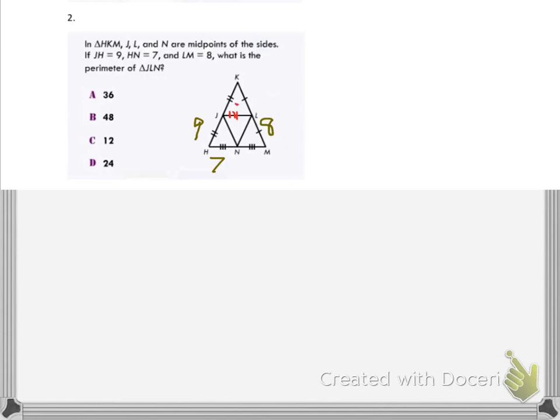So I'm going to mark this piece as a 7. Now I'm going to look at JN. JN is half the length of KM, so therefore it's equal to LM, and LM is 8, and therefore JN is also 8 because it is the same length, so I can put 1 little hash mark.